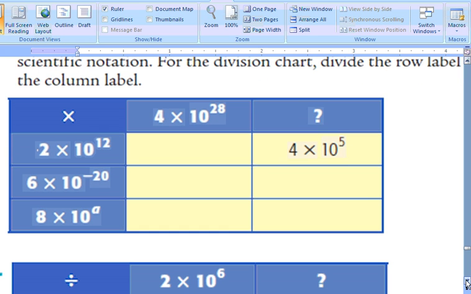All right, here we go. So the one you have, we have to multiply 2 times 4, which is 8. And then we have to add those two exponents together. Since you have the same base, 12 plus 28 is 40. All right, and then I'm just going to do one more, and that should be good. The rest we'll do in class.